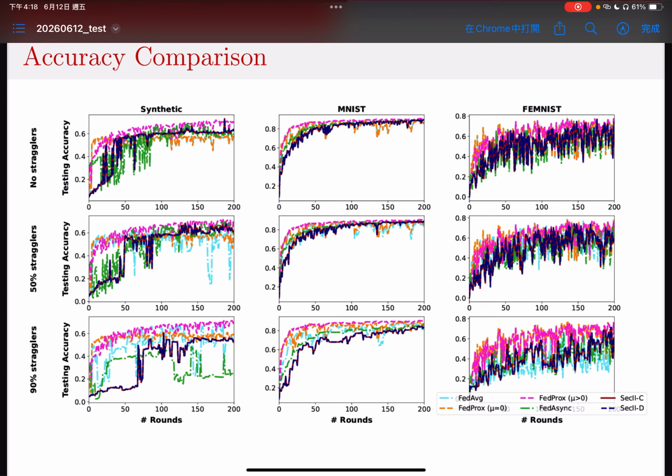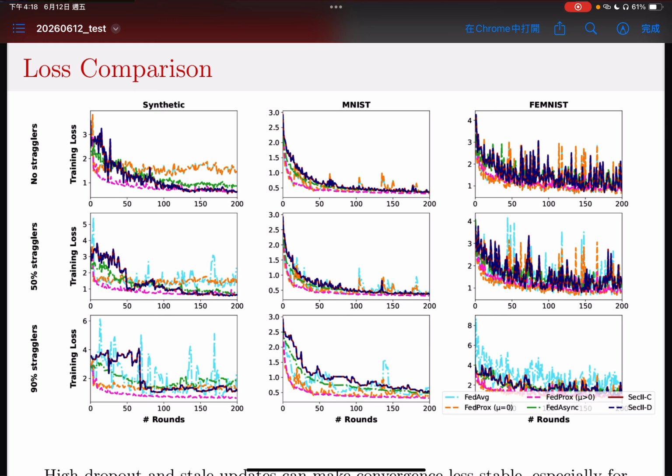And this slide shows the loss comparison. Loss helps us to observe convergence stability, not only the final accuracy. From the results, we can see that when dropout or stale updates become more significant, the loss of a synchronized method may become less stable. This is reasonable because the server may receive local updates trained from an older global model, which can cause oscillation in the global update direction.